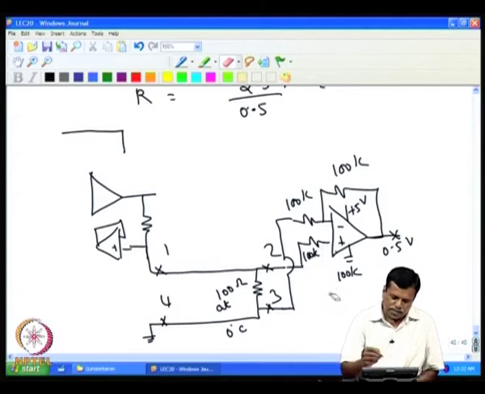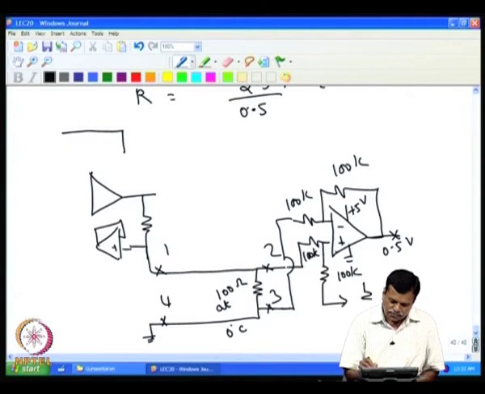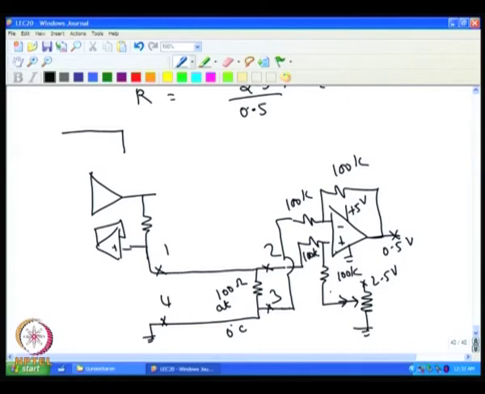So, what can be done is this 100K, I can give it to a potentiometer which is at 2.5 volt here. This can be obtained from the reference voltage which was used in the earlier case. So, one can keep this one at whatever point we want.